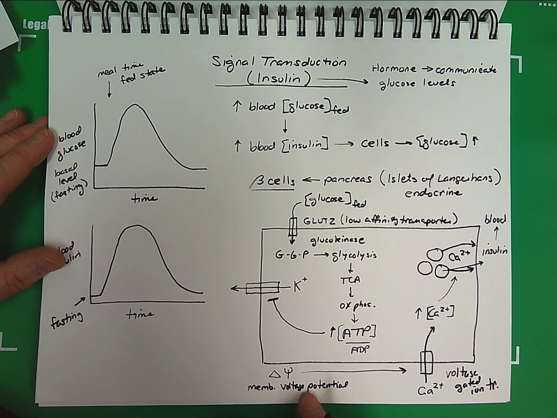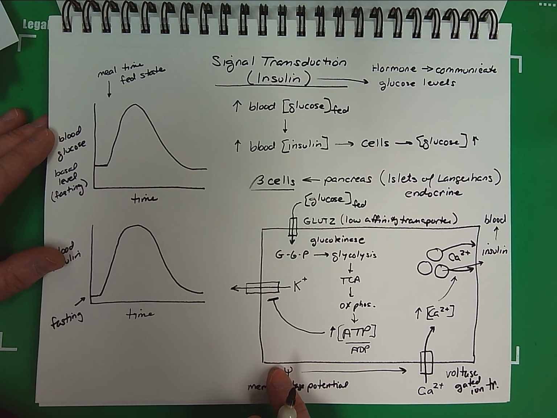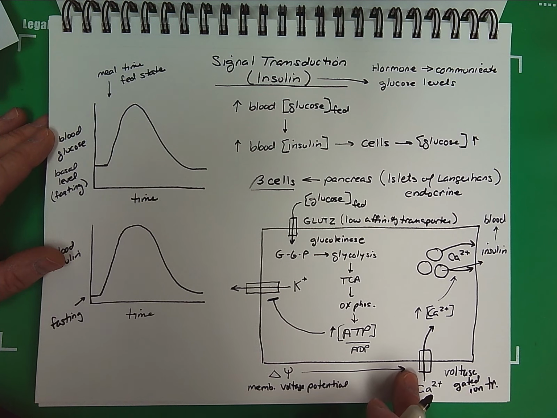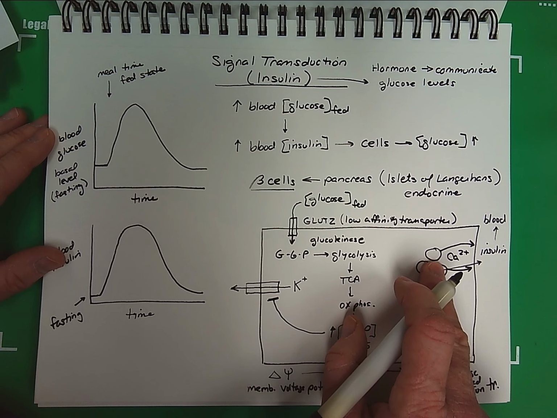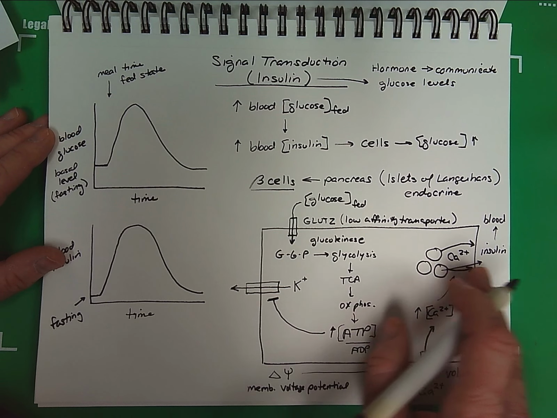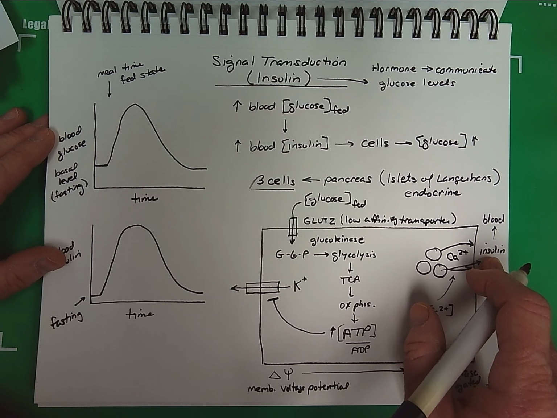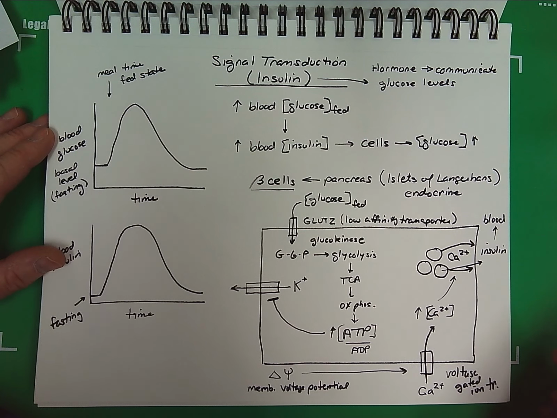The membrane voltage potential is restored, and restoration of this voltage potential across the plasma membrane closes the calcium ion channel. Calcium concentrations decrease inside the cell, and vesicular fusion stops, thereby decreasing the amount of insulin being secreted by these cells.